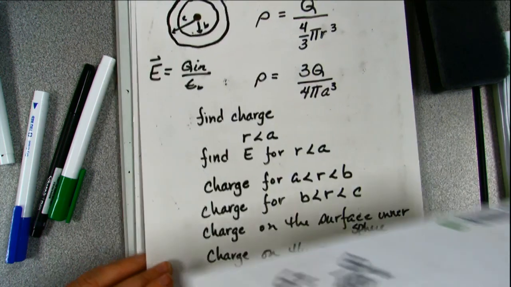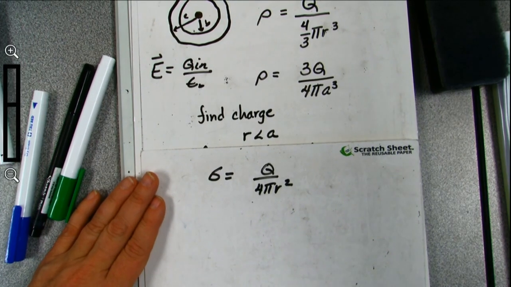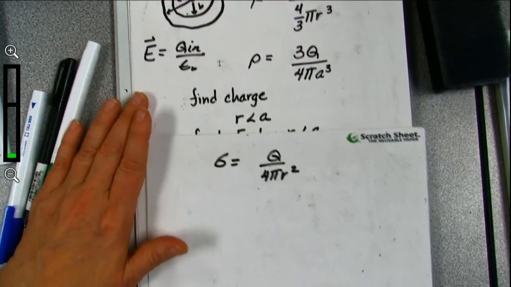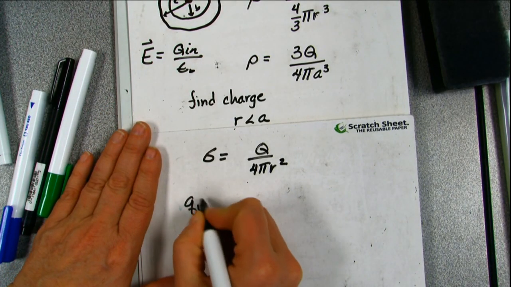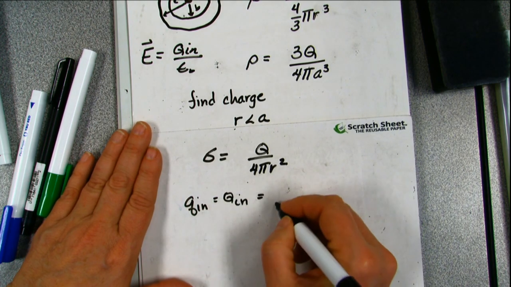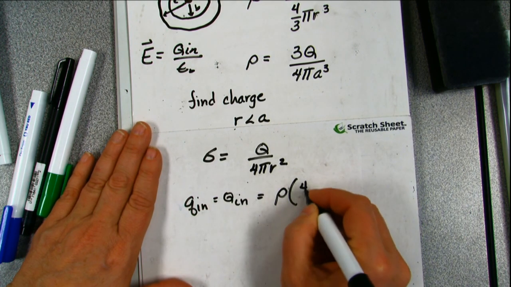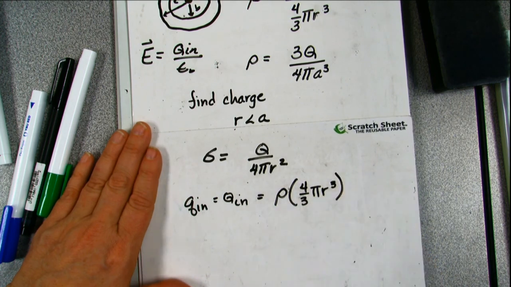Okay, so for R less than A, I'm going to go down further. I need to know the charge on the inside. And that's going to be my charge density times 4/3 pi R cubed.